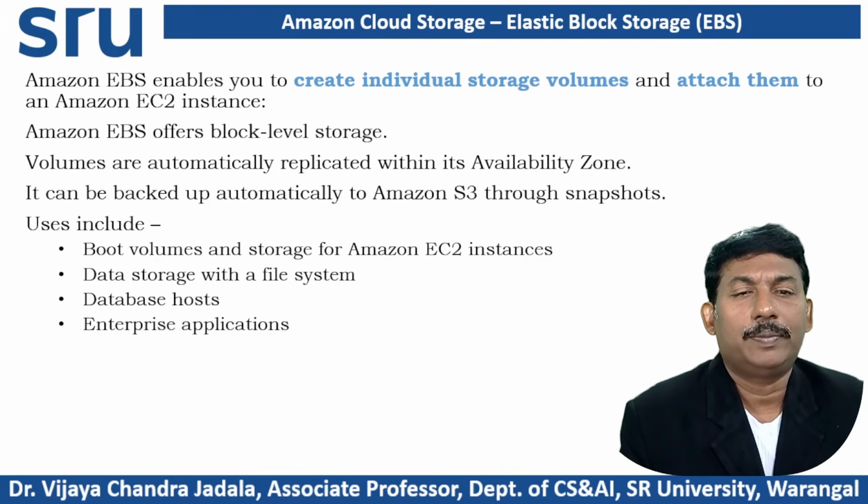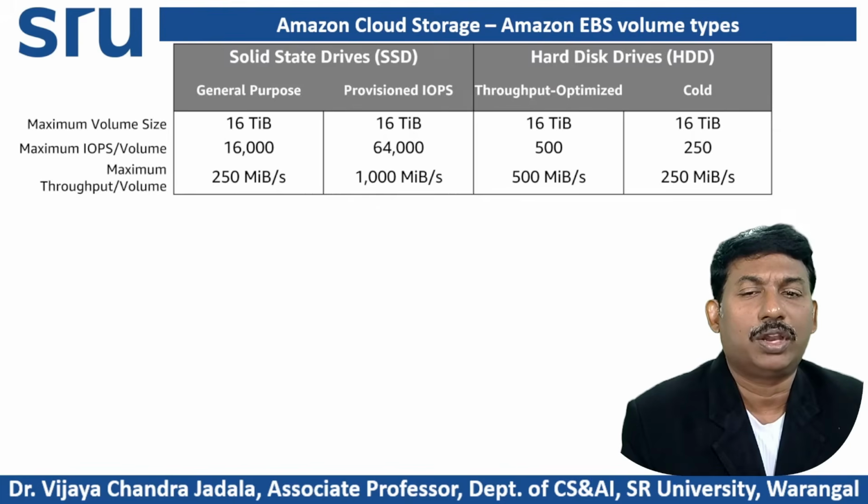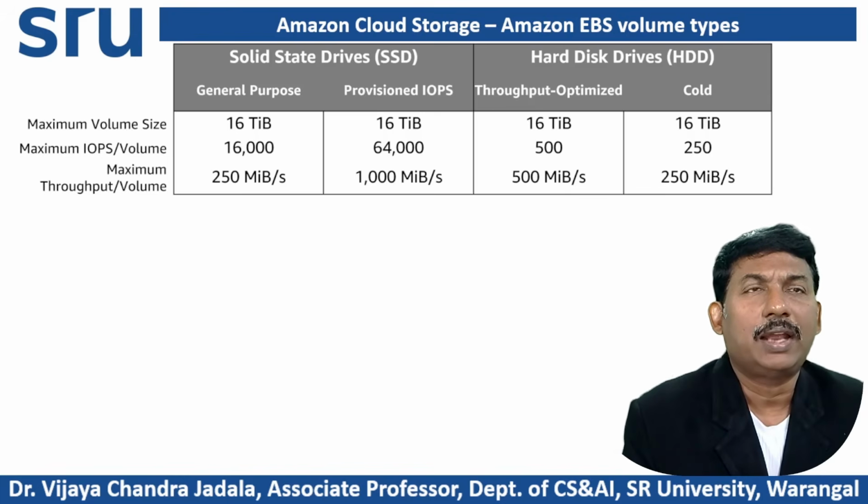So here, after this use case related to Amazon Elastic Block Storage, the next concept is related to SSD, that is solid state drives, and next is hard disk drives, that is HDD. In SSD, there are general purpose and provisioned IOPS, and in hard disk drives HDD, there are throughput optimized and cold.